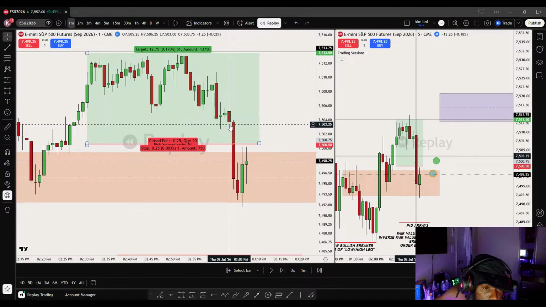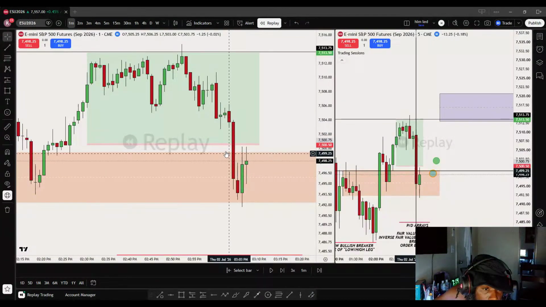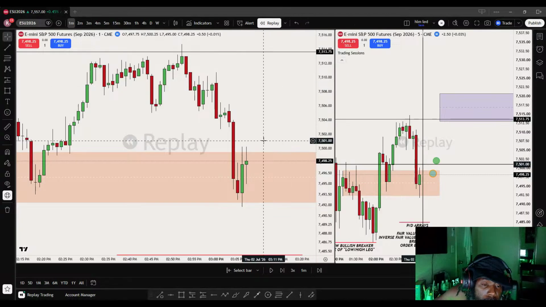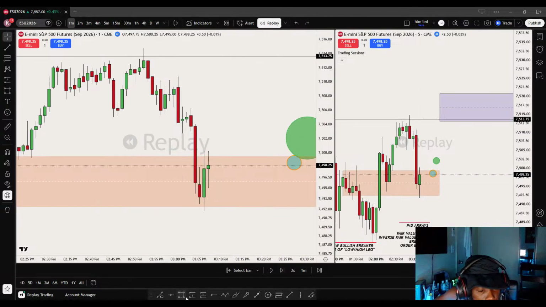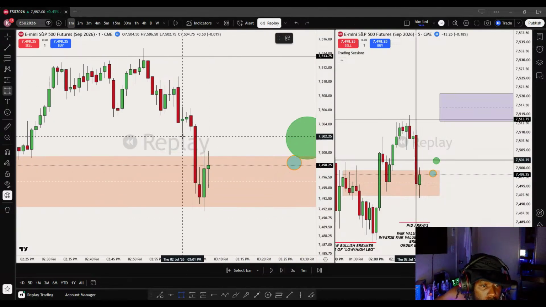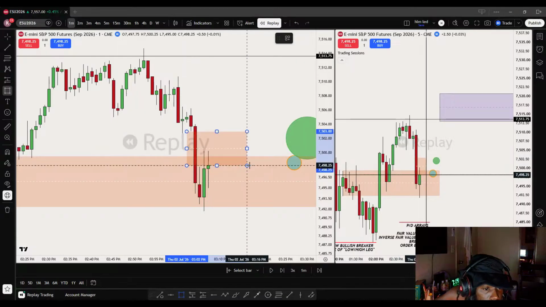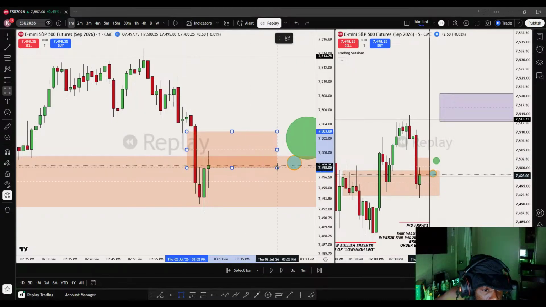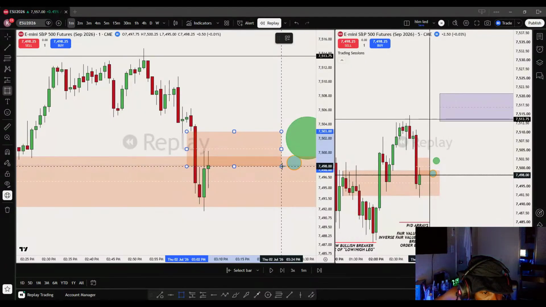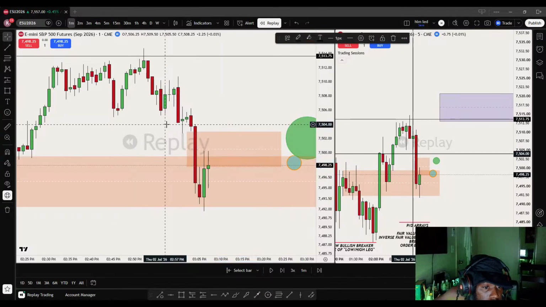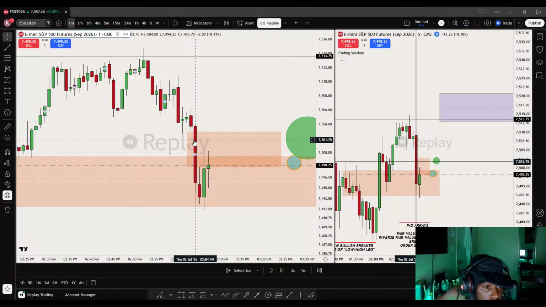Because if we close this fair value gap right here, this bearish fair value gap, then it's going to be the same exact thing, y'all. Repeat yourself. At first, this is a SIBI, a bearish fair value gap. Same thing. Hold on, I like to have my stuff accurate.